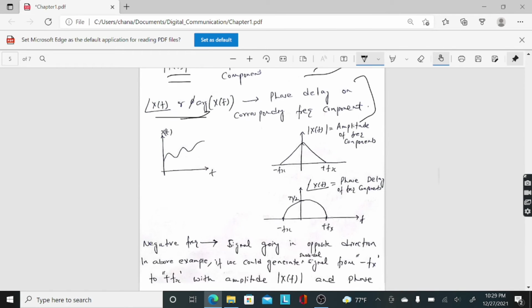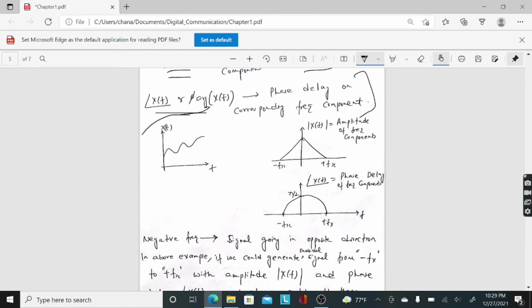So let's say, as an example, say this is my x of t. This is the time domain signal, so I'm just plotting how x of t varies over time, and say its frequency component is from minus fx to plus fx. This is mod of x of f, the magnitude of x of f. So it's like a triangle in this example, and say the argument goes from 0 to plus pi by 2 and back to 0.